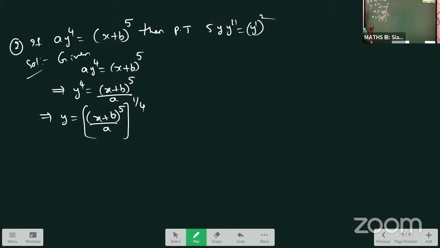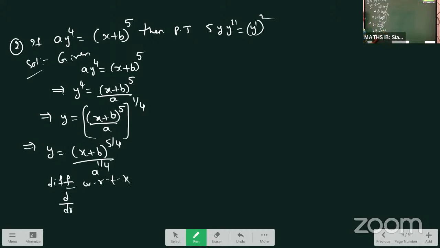Now separate it. y is equal to (x plus b) to the power 5 by 4, by a to the power 1 by 4. By taking this, we have to differentiate. Differentiating with respect to x, d by dx of y is equal to d by dx of (x plus b) power 5 by 4 by a power 1 by 4. Here a power 1 by 4 is constant. Keep it aside.